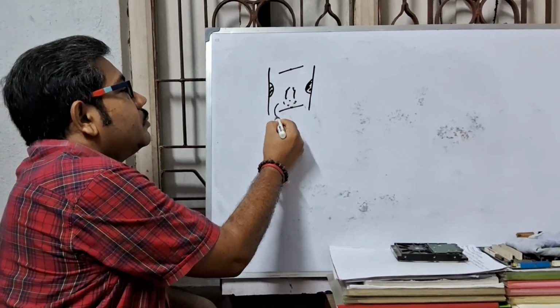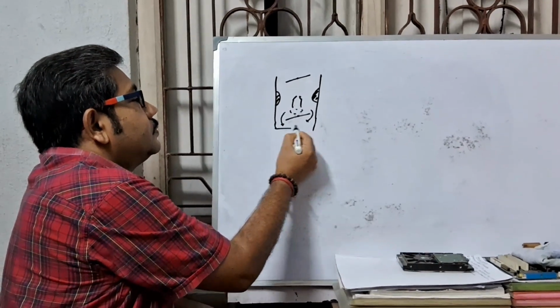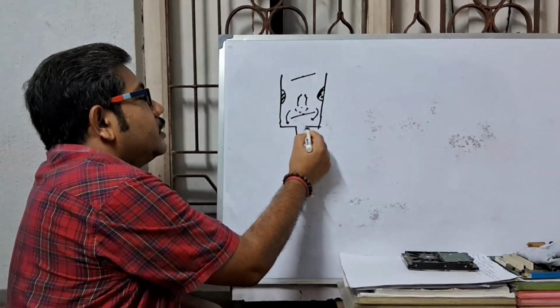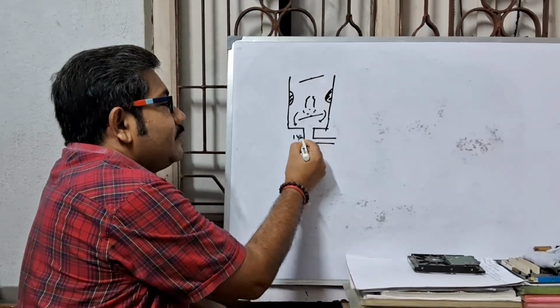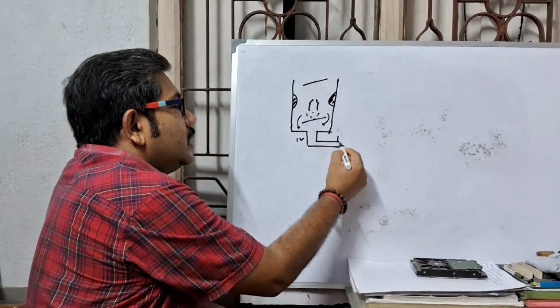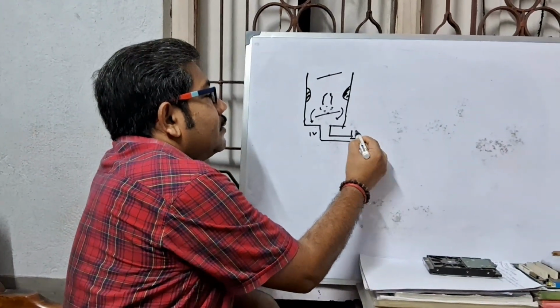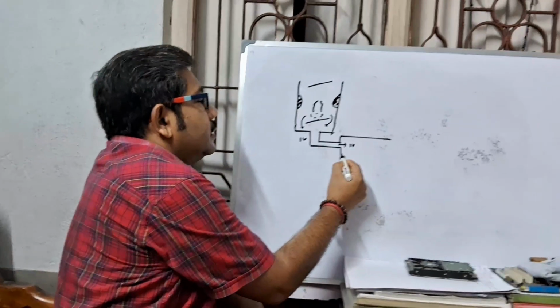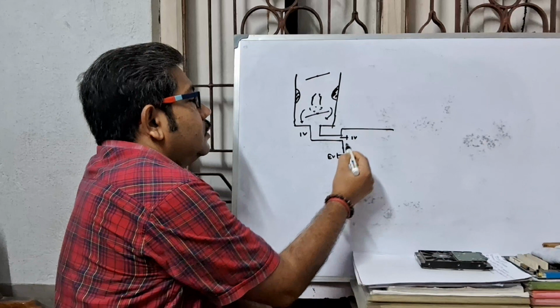Now the air petrol mixture enters from the carburetor through the induction manifold to the cylinder. This is the inlet valve. This is the cylinder. This is the exhaust valve.